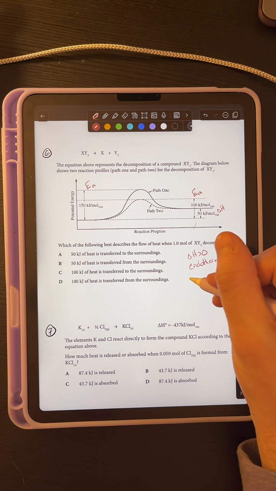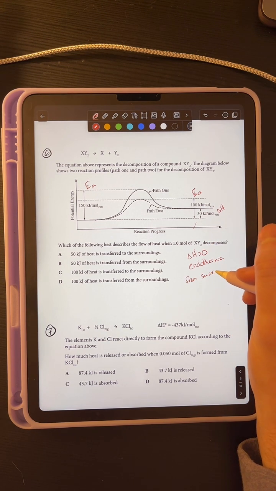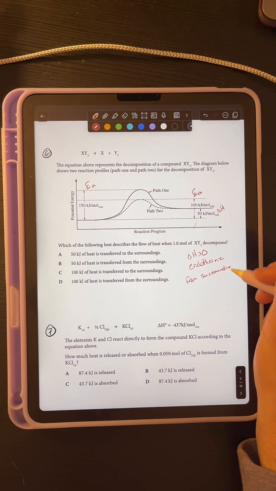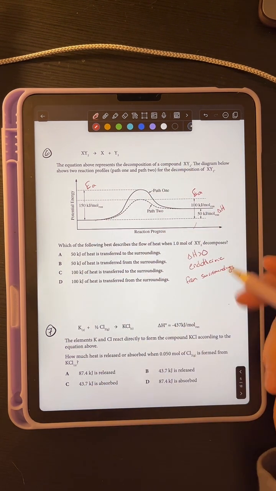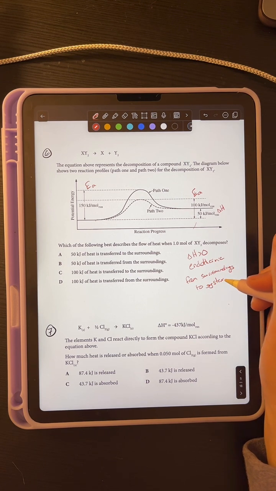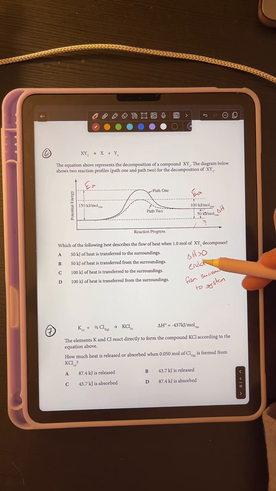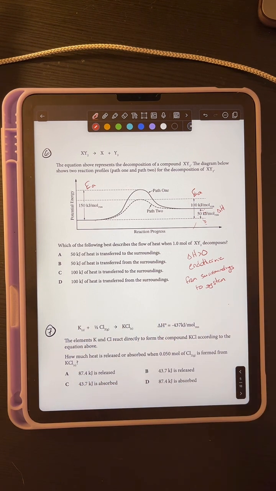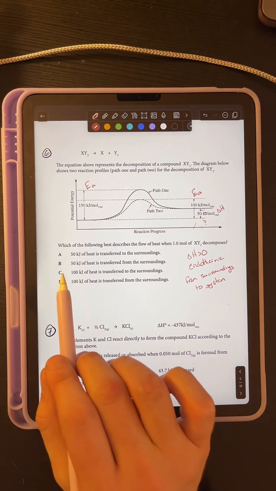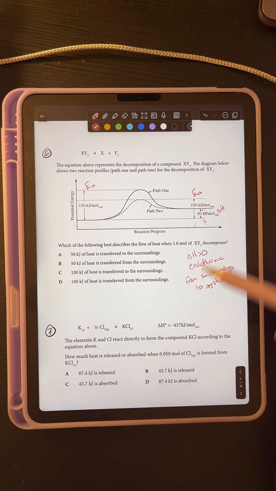This means that we are transferring heat from our surroundings, from wherever we are, to our system. And we're transferring exactly 50 kilojoules per mole, because that delta H is the amount of energy between our reactants and products. We're going from the surroundings to the system.